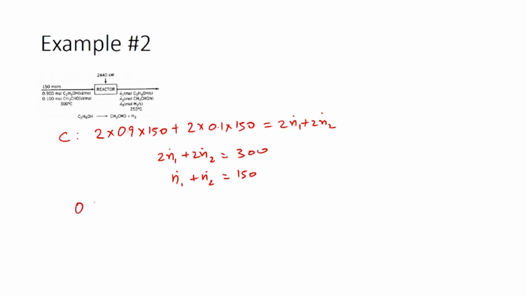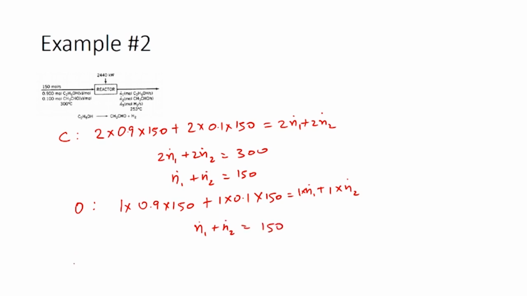If you were to write an oxygen balance, then you would have 1 times 0.9 times 150, which is the number of atoms of oxygen entering in the form of ethanol, plus 1 times 0.1 times 150, which is the atoms of oxygen entering in the form of acetaldehyde, giving you an output stream which would be 1 times n1 dot plus 1 times n2 dot. The equation basically simplifies to again n1 dot plus n2 dot equals 150.